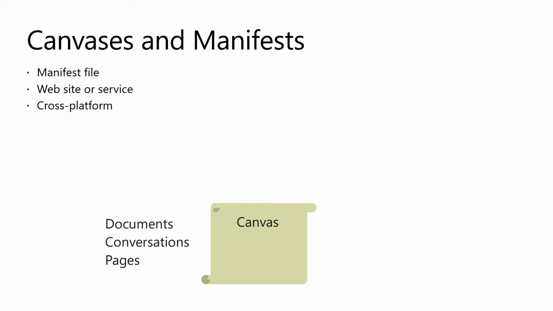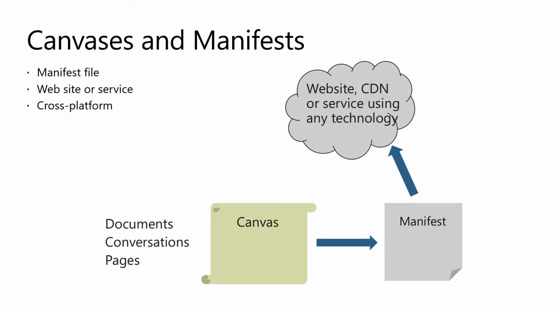And we install one of these canvas extensions and associate it with a manifest file, which is the connection between the canvas, the SharePoint page, the team, the Office application, and a remote website, or possibly a remote service. Then that's what then gets presented back into the canvas. And the remote site can then use whatever web technology you like.